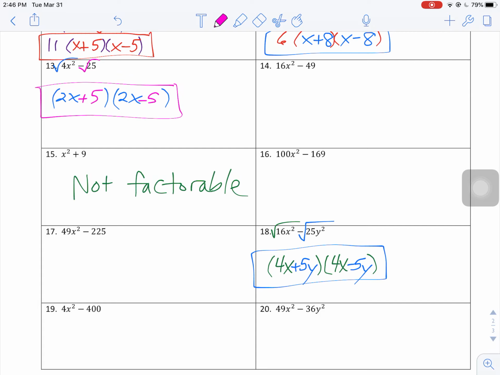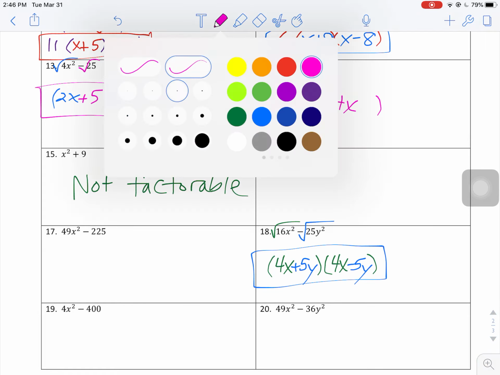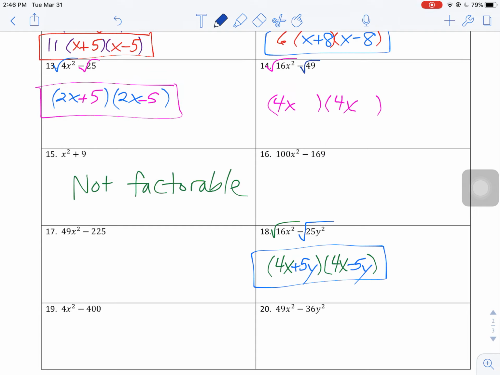Number 14, is there a GCF other than 1? No. Is it subtraction of two perfect squares? Yes. So square root of 16x squared is 4x. Square root of 49 is 7. Make one positive, make one negative. For 16, is there a GCF other than 1?